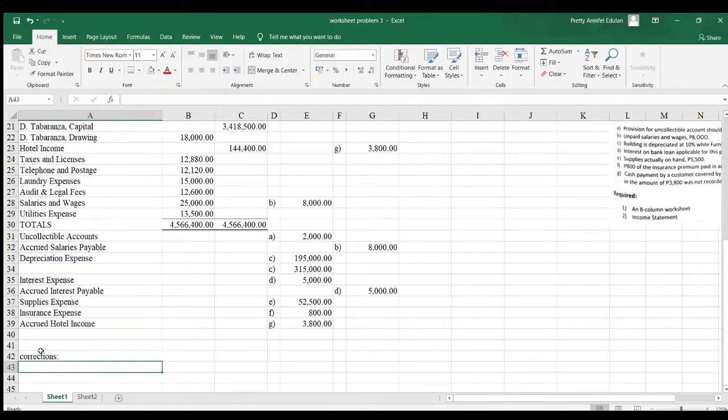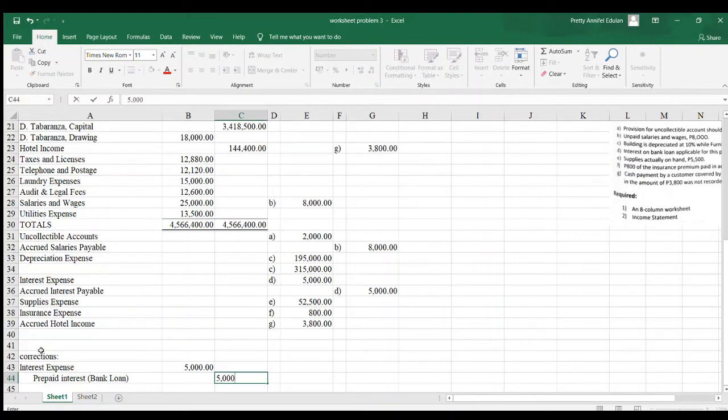So our debit would be the interest expense of 5,000, then credit, instead of accrued interest payable, this will be prepaid interest on the bank loan.